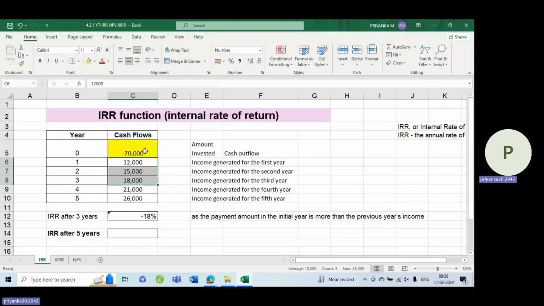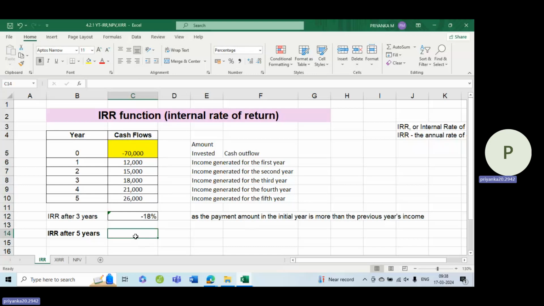Always remember, in cash outflow you include a negative sign, so cash outflow is minus 70,000 and the others are your cash inflows, which is why they are positive. That is why we obtained minus 18%: the three values sum up to only 45,000, which is lesser than your 70,000.